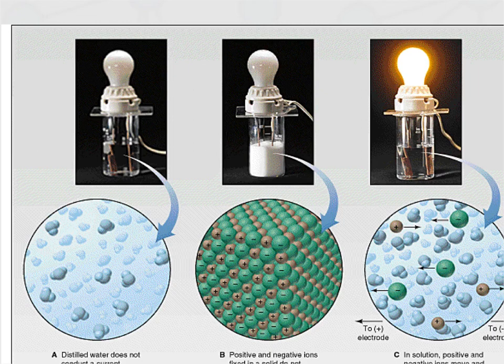And when we throw it in water, they separate back into their positive and negatives, and they can move about. So water itself can't conduct electricity because it doesn't have any positive and negative ions to move about. But once you throw some salt in there, the ions can move about, and so now it can conduct electricity.